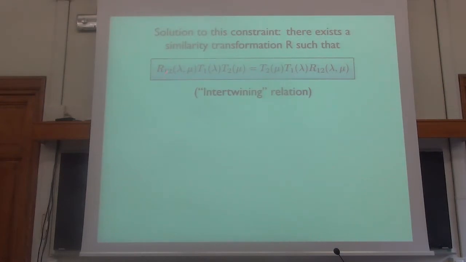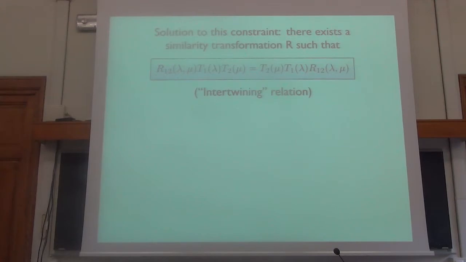And R, the R matrix here, is the matrix that performs this intertwining. So if you find a realization of this equation, you have found yourself an infinite family of integrable models.